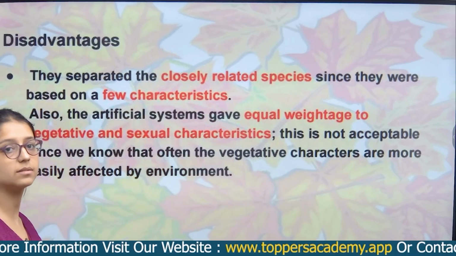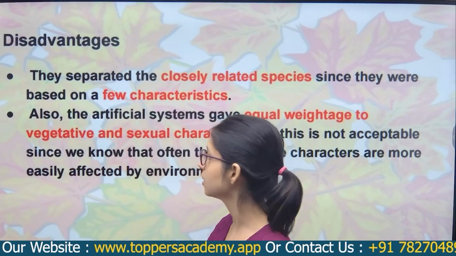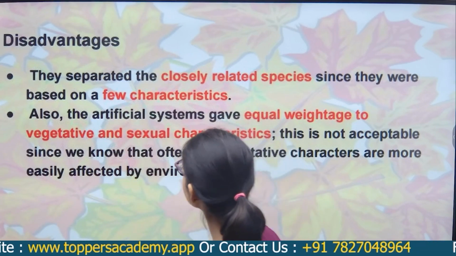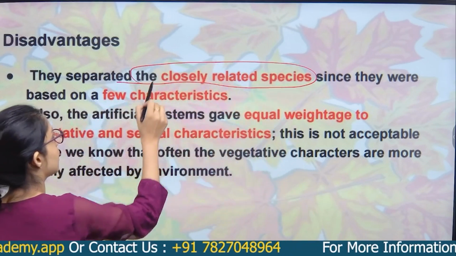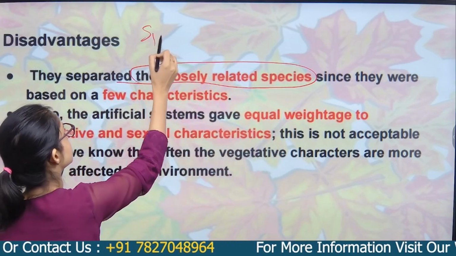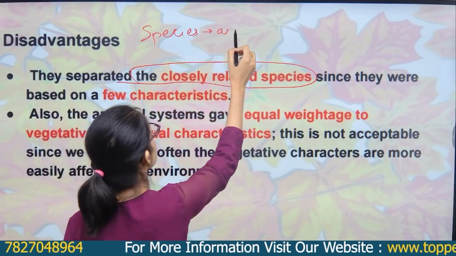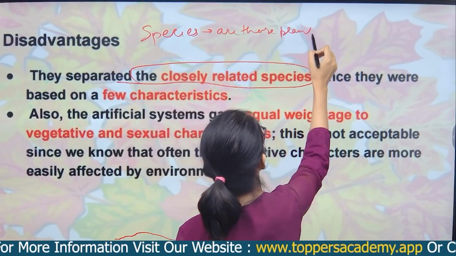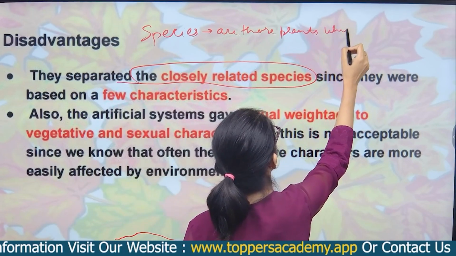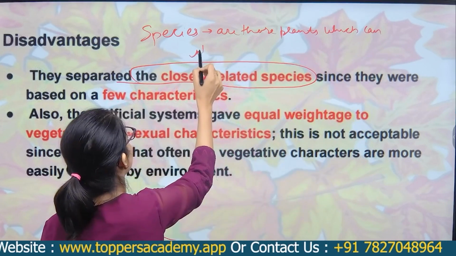Next come the disadvantages. There are some problems in the artificial system of classification. They separated closely related species, because species are those plants which can interbreed.